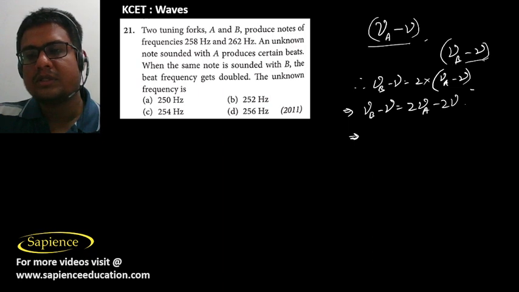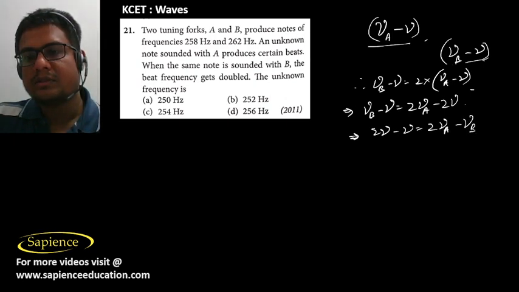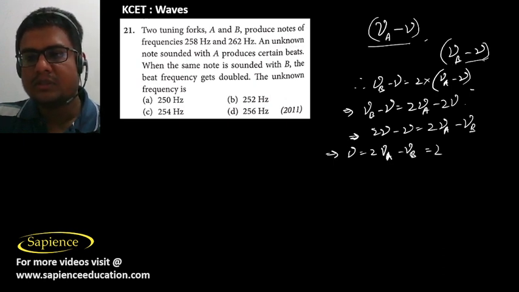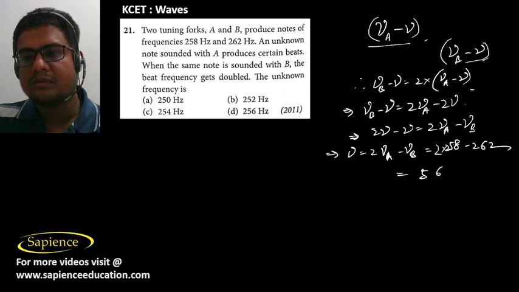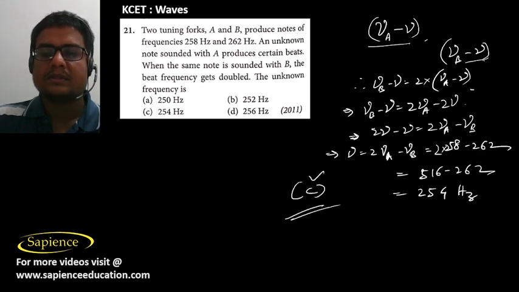So we can say that nu is equal to 2 nu A minus nu B. This will be 2 into 258 minus 262, that is 516 minus 262, which is equal to 254 hertz. So therefore option C is the correct answer.